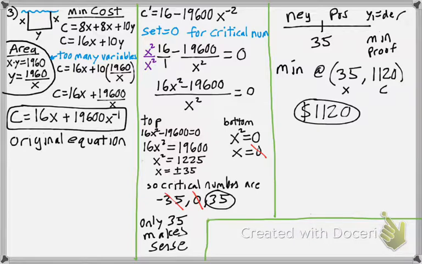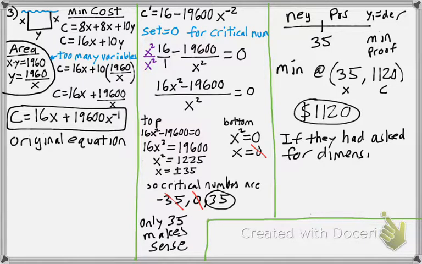Now they didn't ask for the dimensions, so you don't need to put it, but if they had asked for the dimensions, we already have x, that's 35.